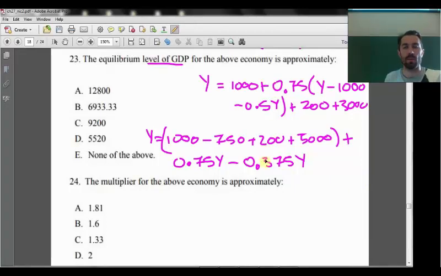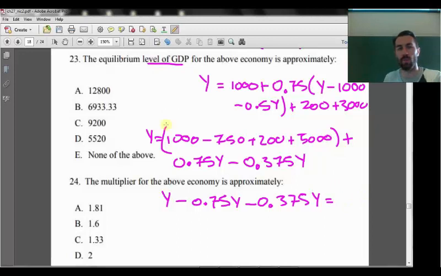So what is my multiplier going to be? I've got Y minus 0.75Y minus 0.375Y equal to this whole inside bit there, which, if you add all that stuff together, what do you get? 3,000? No, 4,000, right? Sorry.